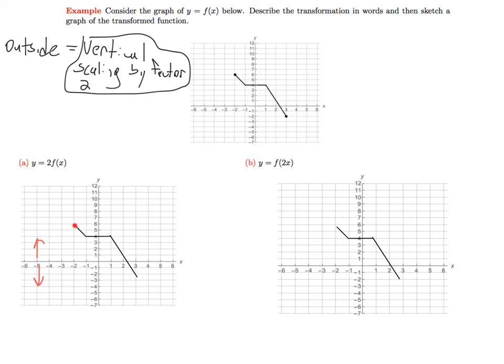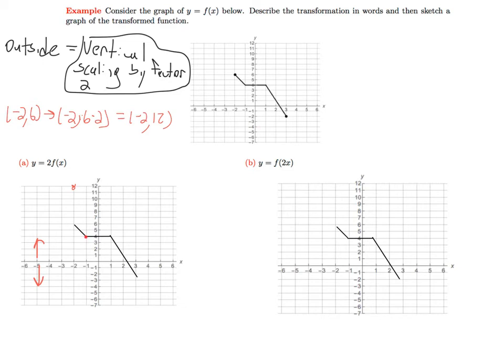It's now going to wind up twice as far away, namely 12 units above the x-axis. So this point started at minus 2, 6, and now we scale its y-coordinate by a factor of 2. And so it winds up at minus 2, 12, way up here.